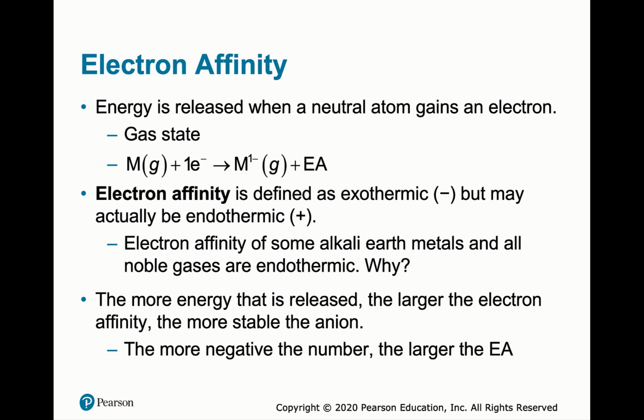The amount of energy that an element releases is something called electron affinity. So adding electrons to atoms, oftentimes, releases energy, and that is known as electron affinity. It's oftentimes exothermic, but it can also be endothermic.